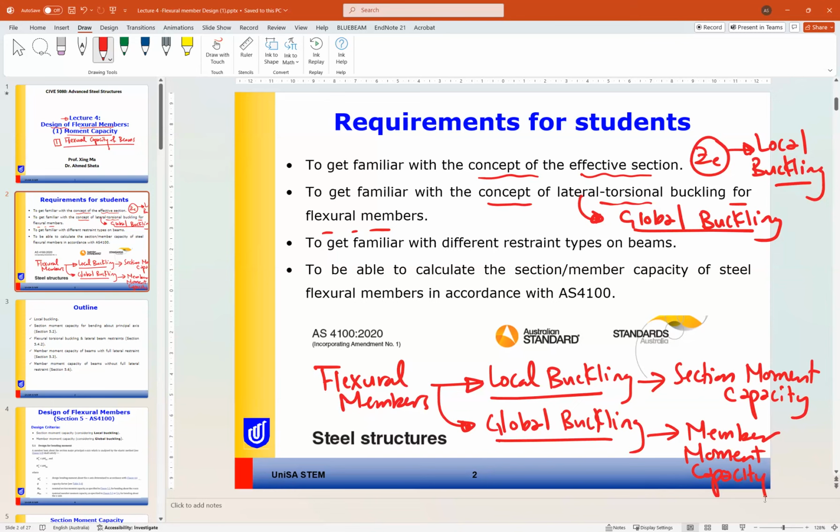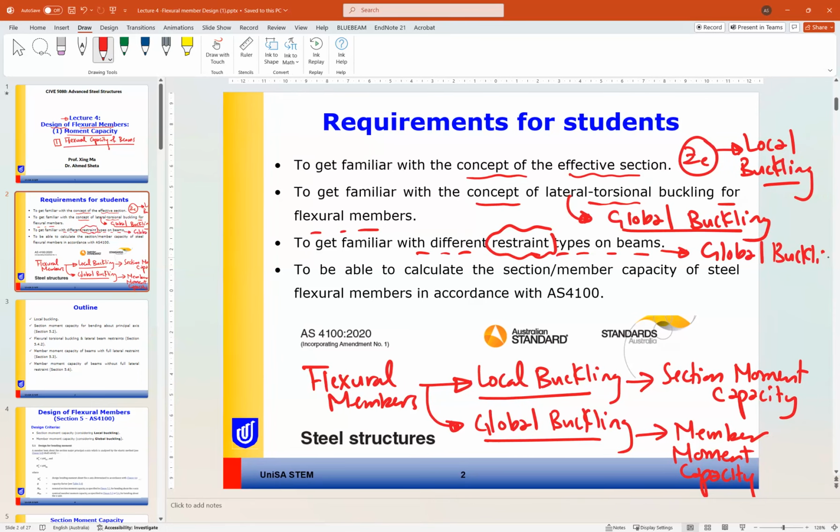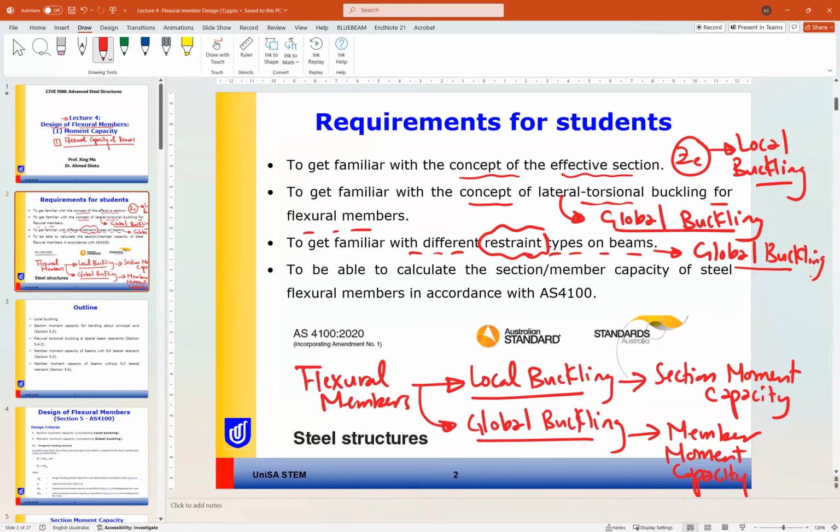And then we will need to get familiar with the different restraint types on beams, because restraint will affect the global buckling behavior. So the global buckling behavior is mainly affected by the restraint of the beam. The restraint means the lateral supports of the compression or the critical flange.